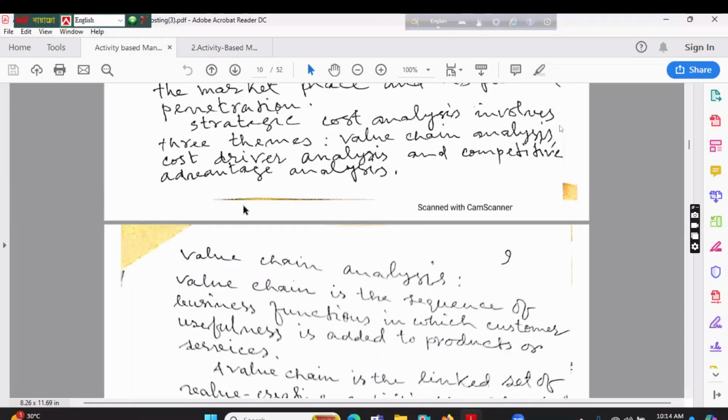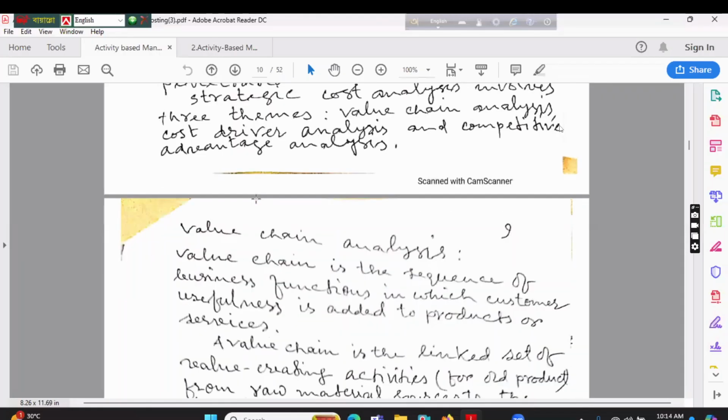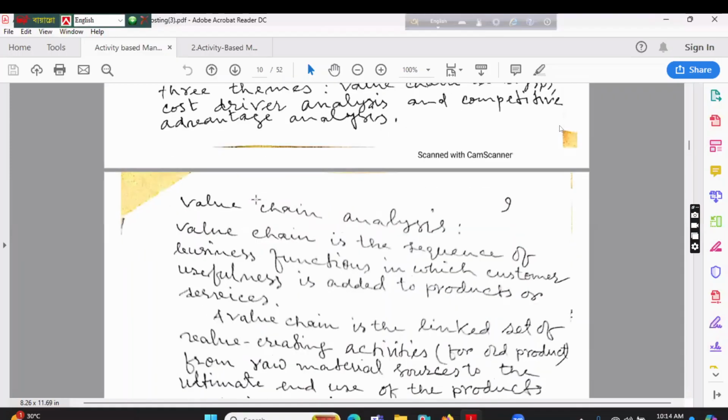Value chain analysis. At first, value chain.